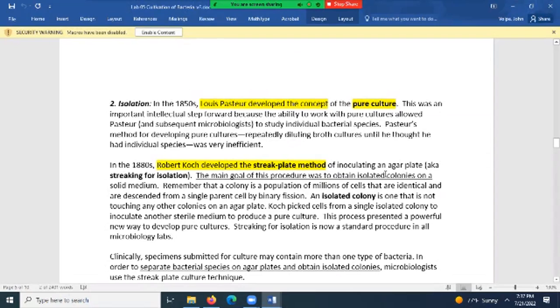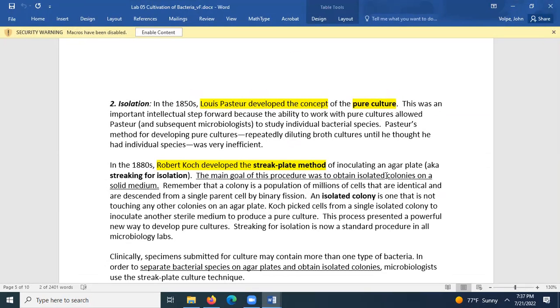Louis Pasteur developed the concept of a pure culture and then worked out a way to get a pure culture. His method was very complex. You had to use limiting dilution, meaning you got 10 tubes and you diluted your bacteria.